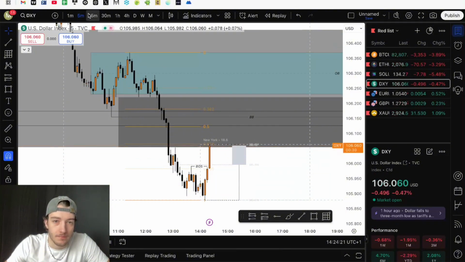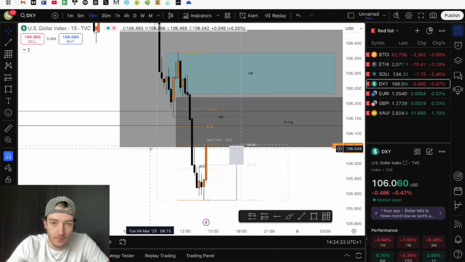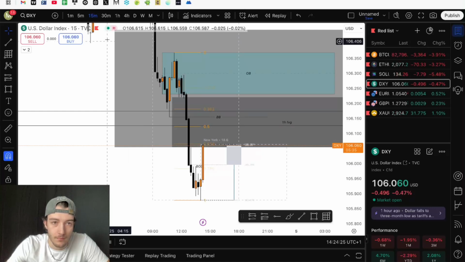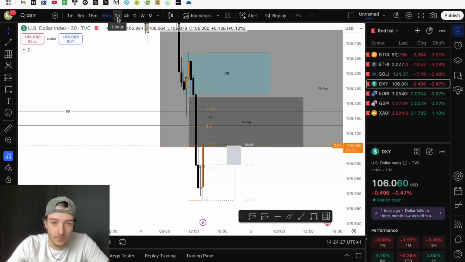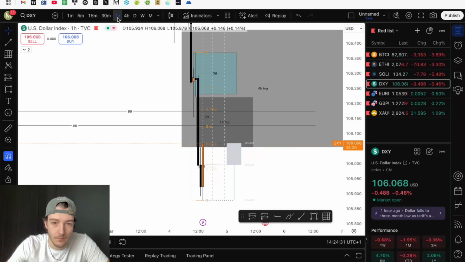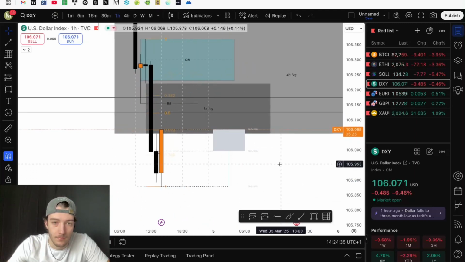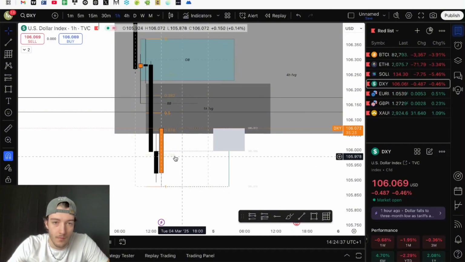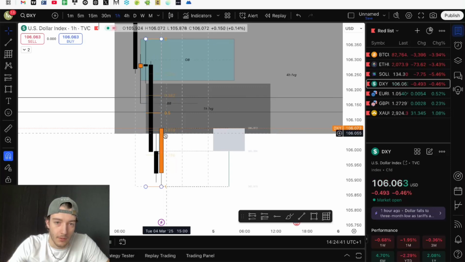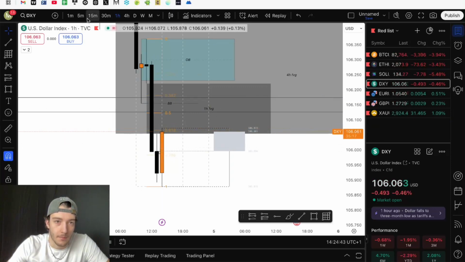Let's see. It would be so nice to see this 1 hour candle come into this breaker and then leave a long wick.